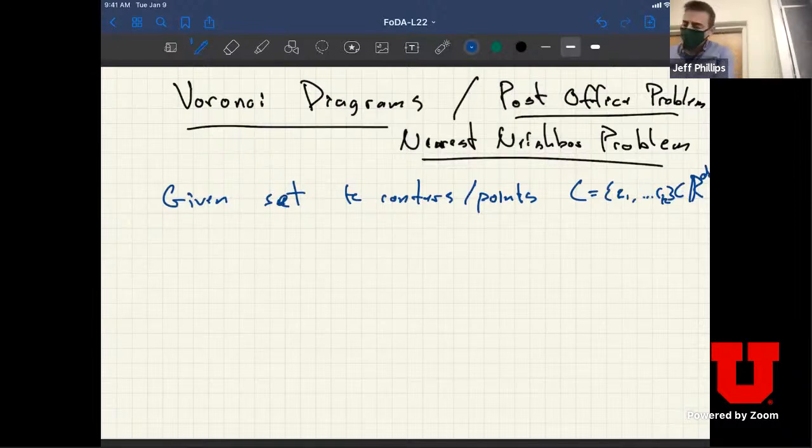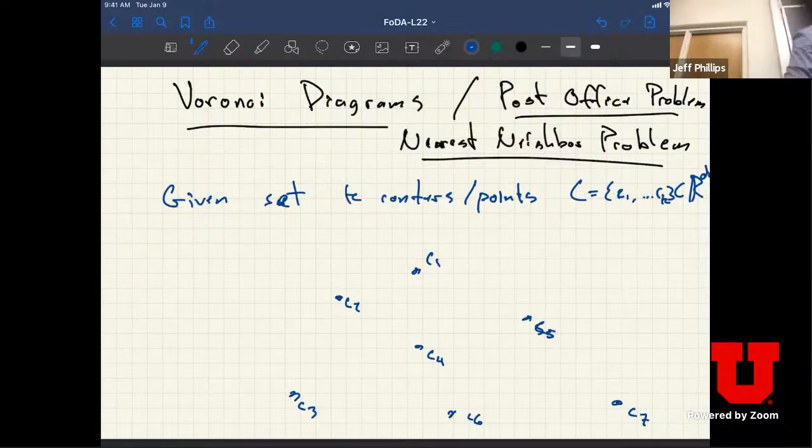So I'm going to be given these points. I'm going to draw a few more points than I had been drawing earlier, to show how this can be more interesting. So this will be C1, C2, C3, C4, C5, C6, and C7.